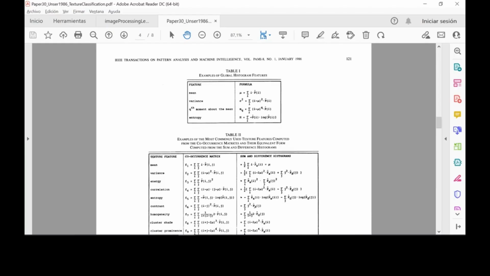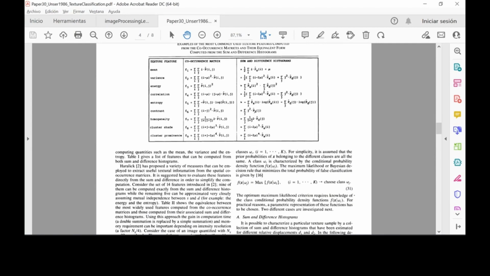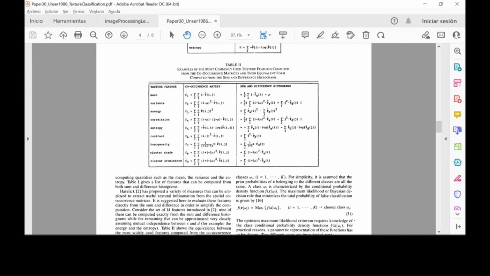Then you can measure entropy. So you can summarize the whole distribution to a few numbers. And here you have more numbers. I may look at this summary for the joint distribution. So I can define what is the mean of the joint distribution, what is the variance.